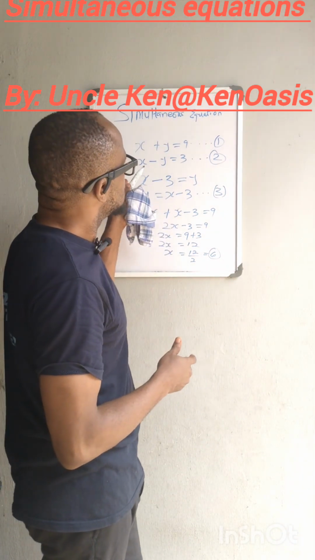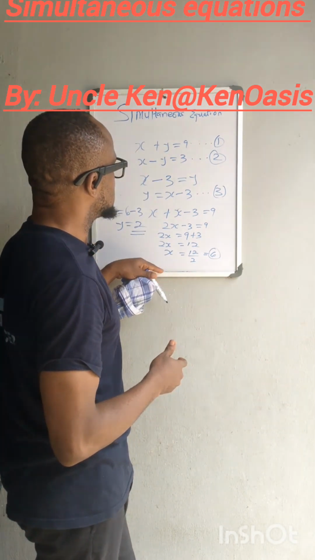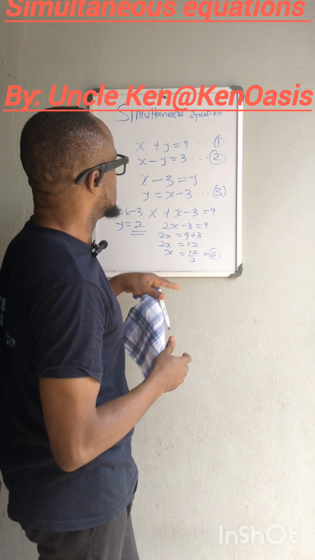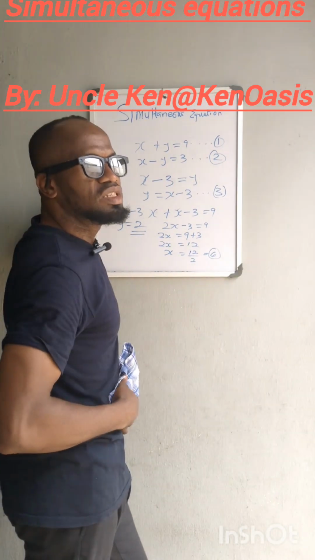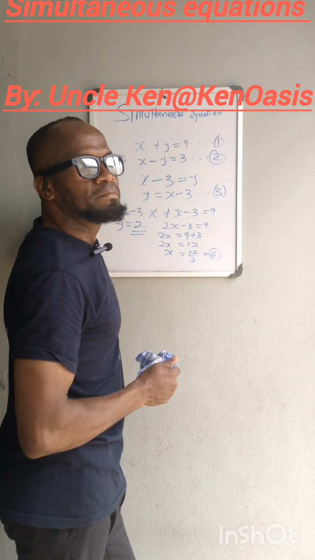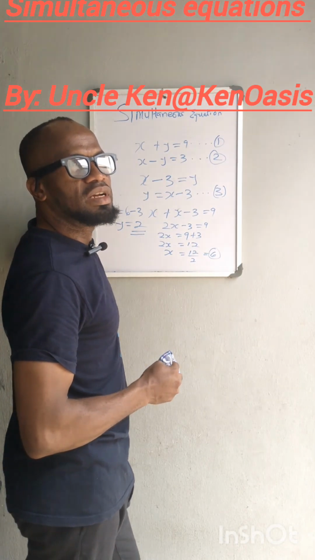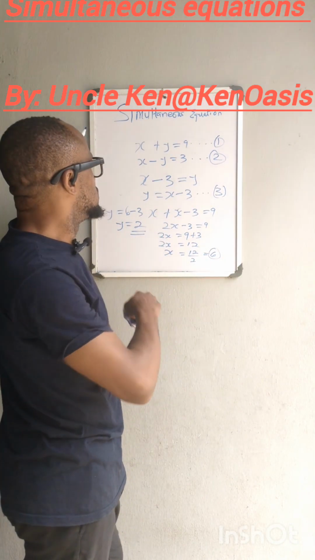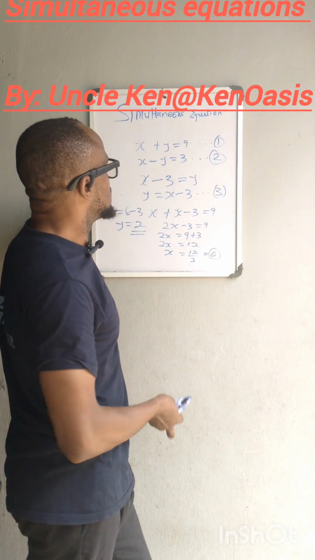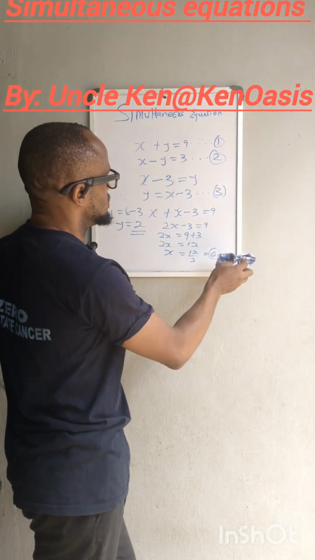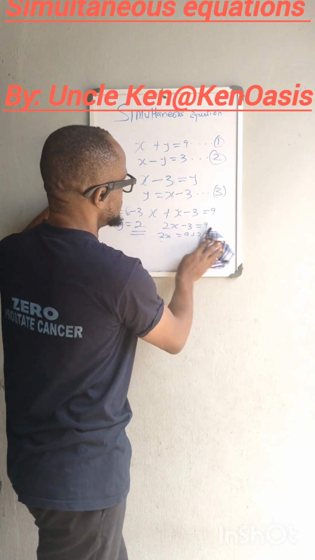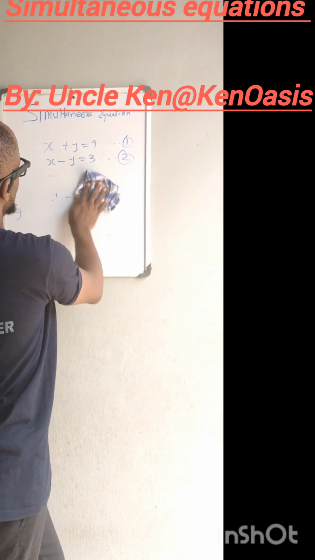But in this case, the steps are marked, not just the answer. So the first one we did was to get the answer very fast, whereas the second one is to follow the due steps in order to get the answer. So that is how to solve simultaneous equation.